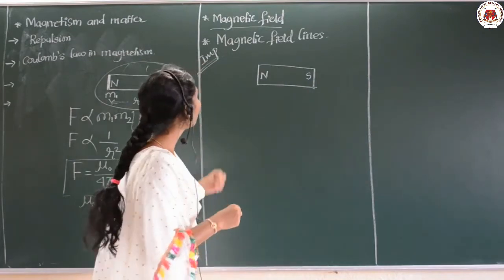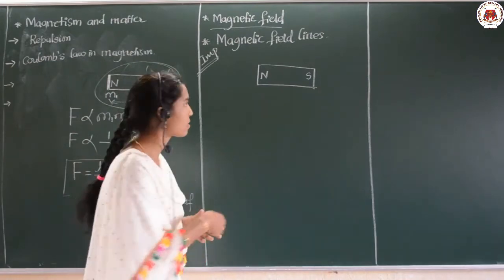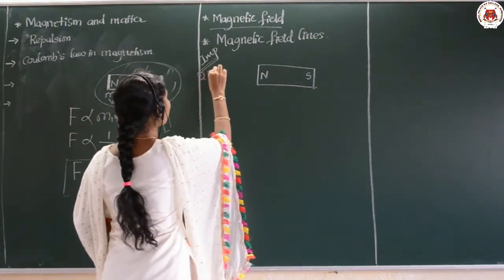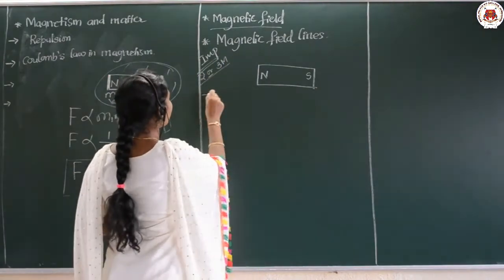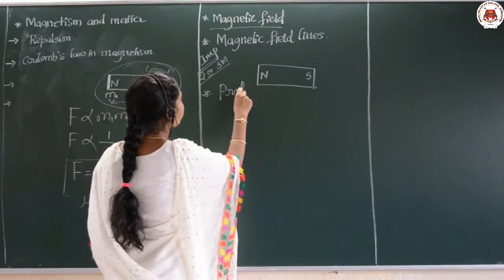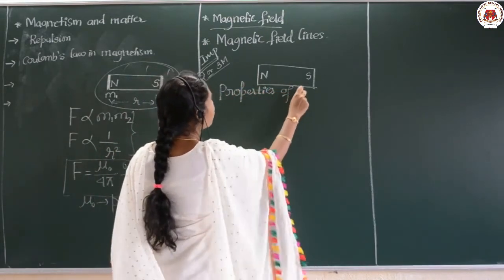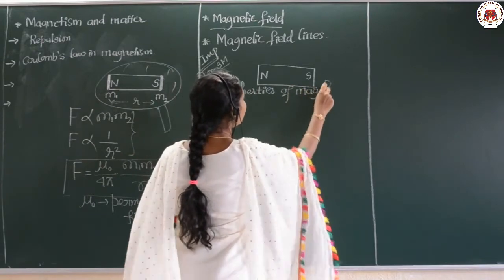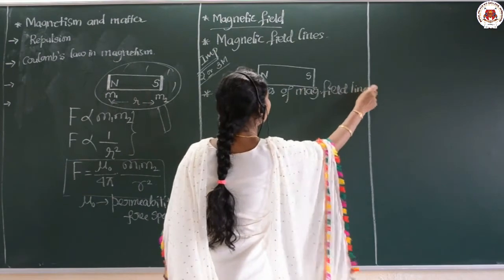Then what are the properties of the magnetic field lines? Very important for either 2 or 3 marks. Important concept, that is, properties of magnetic field lines.